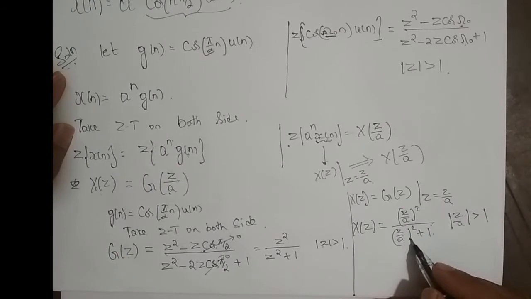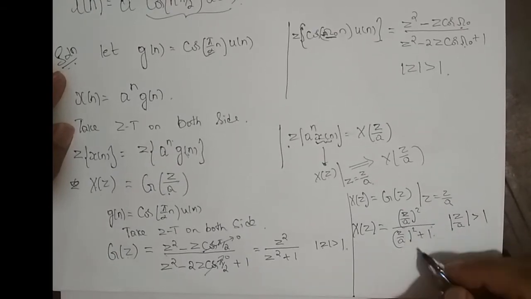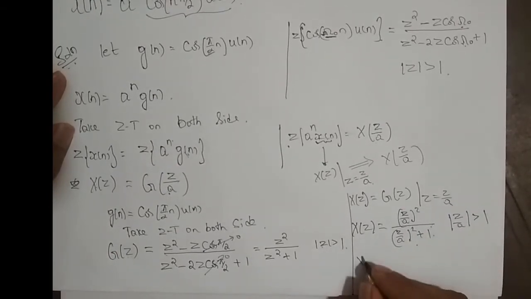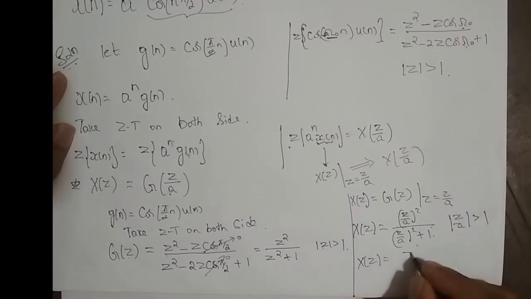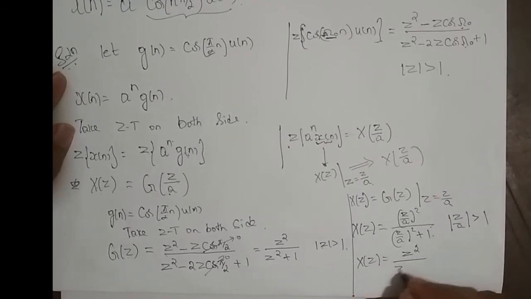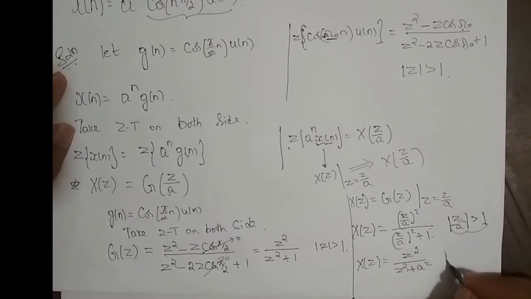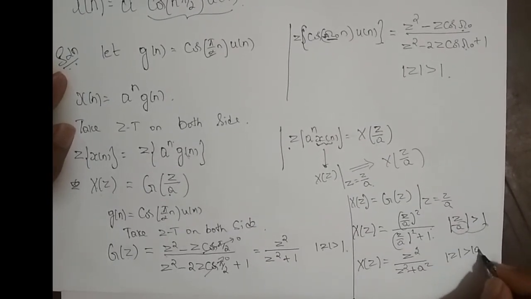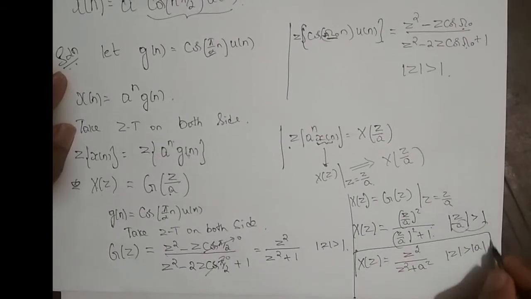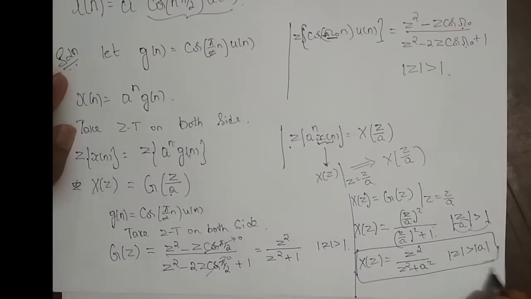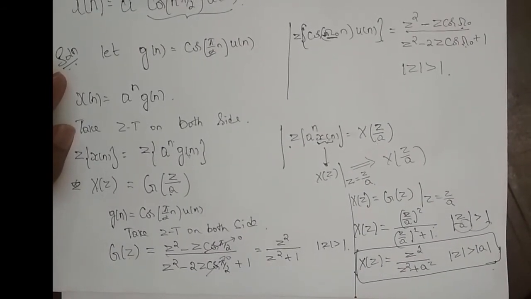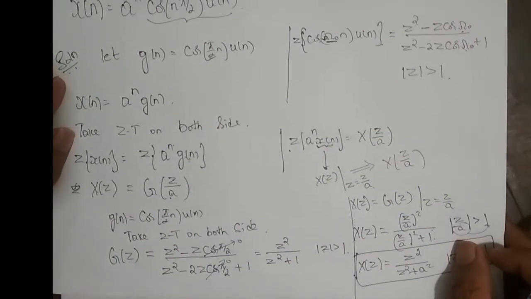If that a square goes to the numerator, this a square and the other a square cancel out. So I end up with x of z equal to z square divided by z square plus a square. If I take this to the other side, the ROC becomes magnitude of z greater than magnitude of a. Okay, so this is the z transform and ROC of the sequence x of n.